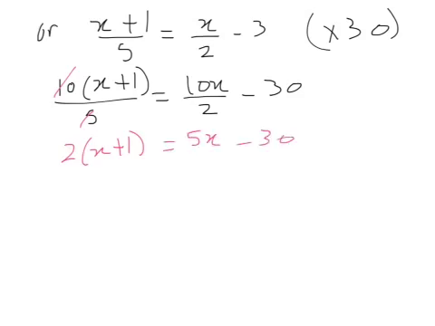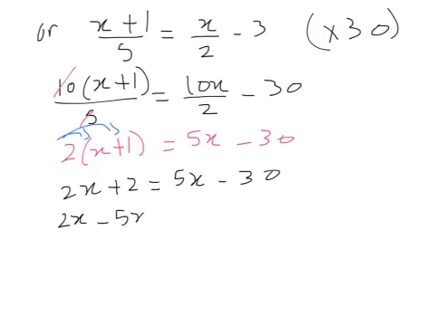Now I'll just expand it. So it would give me 2x plus 2 equal 5x minus 30. Collect like terms, you bring the 2x minus 5x, which gives you minus 30 minus 2.